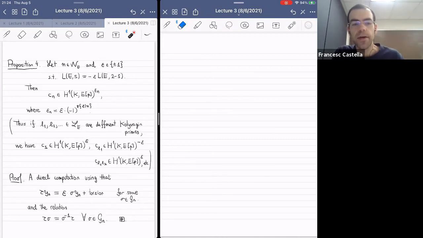Remember that to bound the size of Selmer, we need to estimate that residue map. So we need to produce classes which are allowed to have singularities at these places in S, and we should have some way of controlling their singularities there. And this proposition is what effectively will allow us to do that.